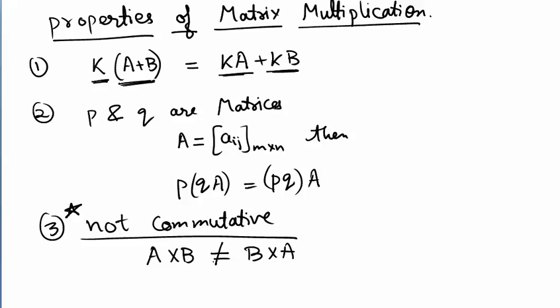No, it is not commutative. You can check it with the example which we did earlier, A cross B, where we took 1, 2, 3, 4 and 4, 5, 6, 7 and multiplied those two. If you take that example and solve B into A, you will not get the same result. So that is very important.